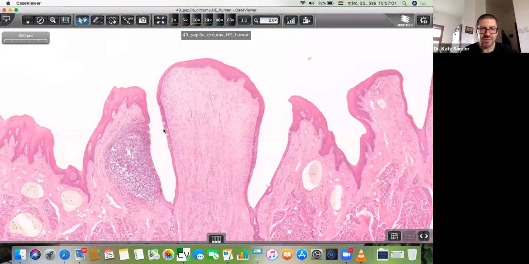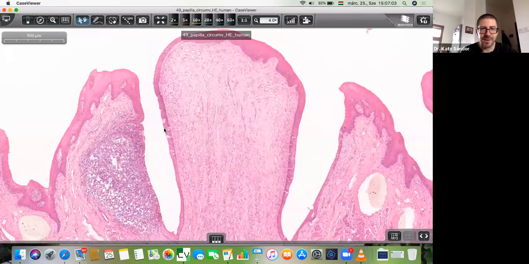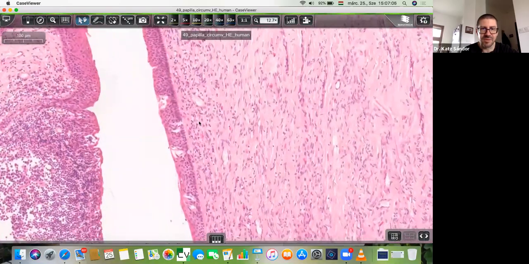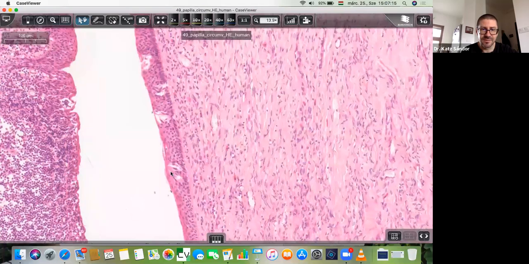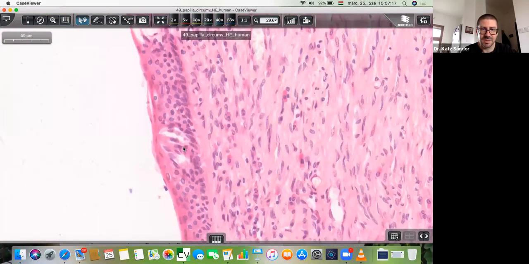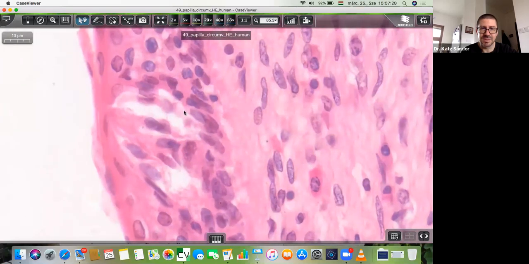collagen fibers, fibrocytes. When we look at the lateral side, we can find these eventually disrupted structures. These were previously the taste buds, but this one seems intact. So this is a taste bud, and here we have the pore, the taste pore, and these bigger, paler cells belong to the supporting cells.